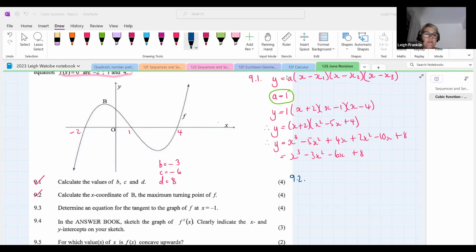Okay, remember B is in the second quadrant where x is negative. Okay, so for 9.2, because we're talking about a maximum, a turning point, we've got to use the first derivative. There we go. Ruth, good.